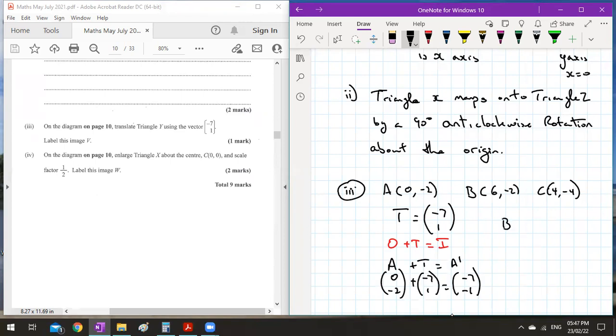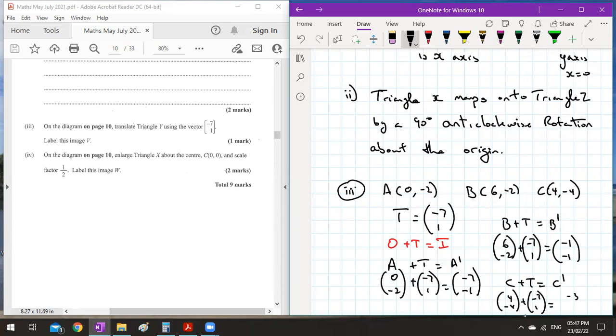We need to do B as well, so B plus T equals B prime. So 6 over -2 plus -7 over 1. The signs are different, so subtracting, keep the sign of the larger number. Same thing here. And C plus the translation equals C prime. So 4 over -4 plus -7 over 1, -3, -3.